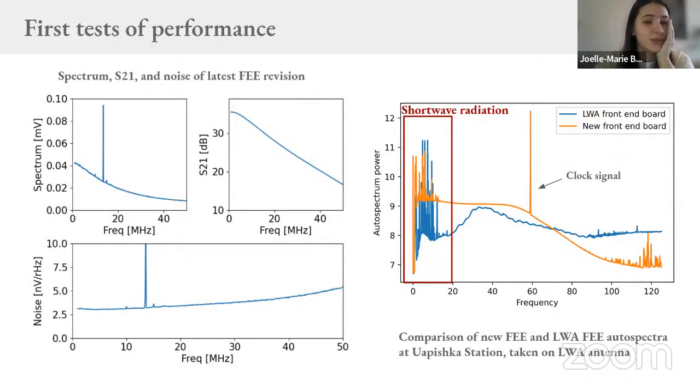And so just for context, this shortwave radiation that you see here, that's all because of the ionosphere bouncing around that radiation, right? And so it looks pretty bad. I mean, the rest of the spectrum is super clean, except for a little bit of FM peaking up at the higher frequencies.